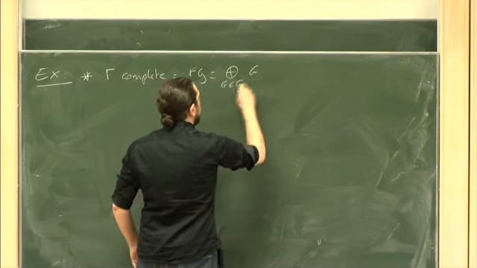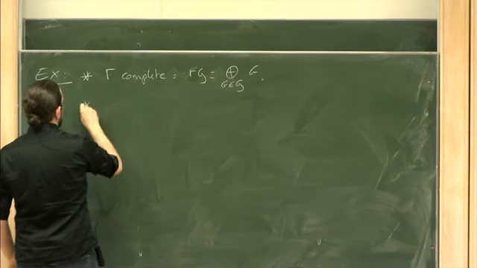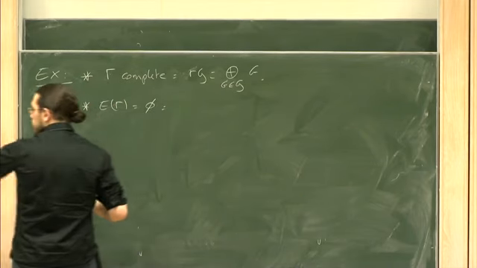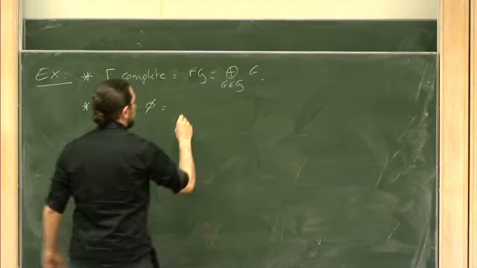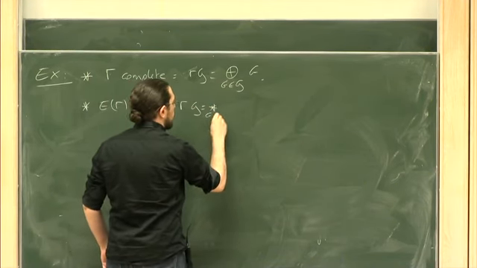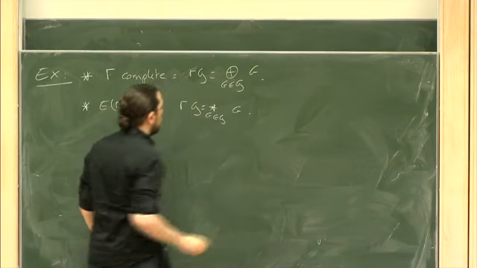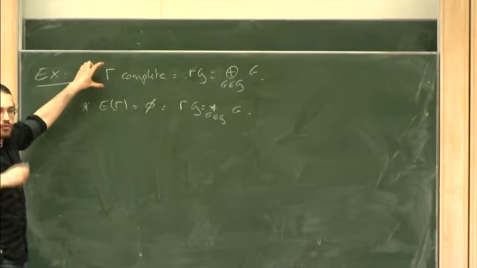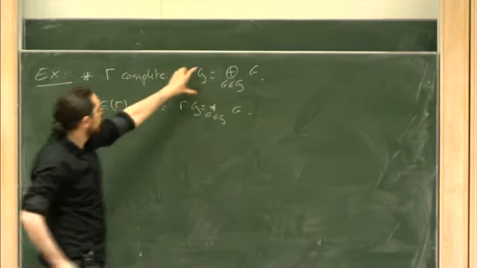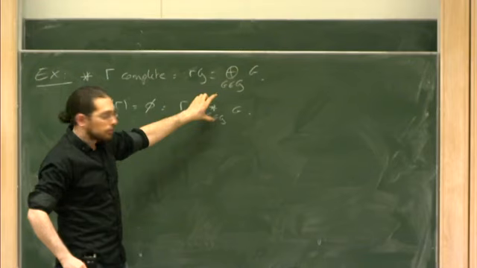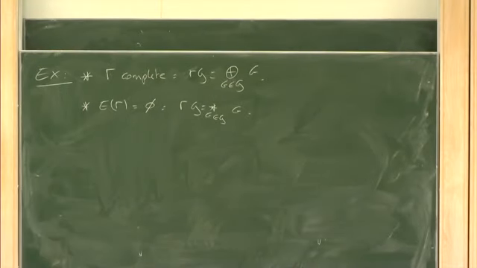Okay, and on the other hand, if gamma has no edges, then you have no relations, and you get just the free product. Okay. So if you have all the edges, everything commutes, and you have a direct sum. And if you have no edges, nothing commutes, and you have a free product. So, graph products are everything in between.